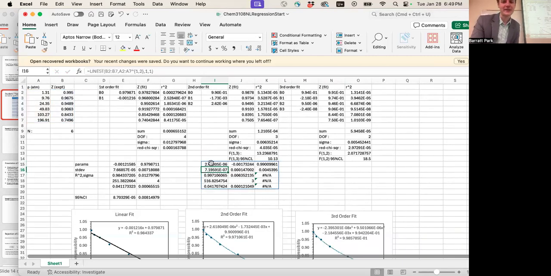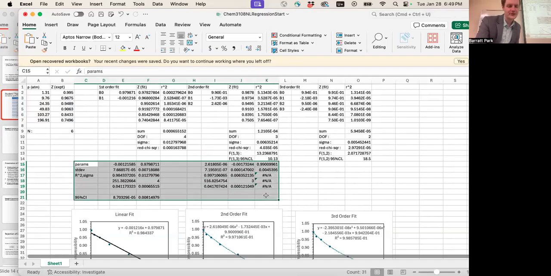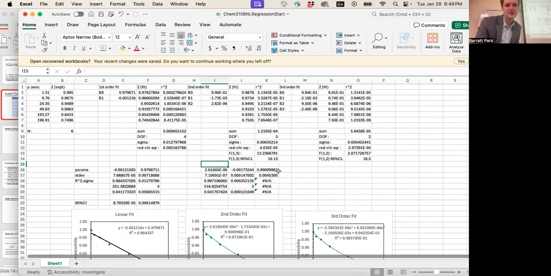And now I get, instead of 2 columns of output, I get 3 columns of output because now there are 3 fit parameters. And I think I need one more space here so I can label these. So if we just compare these numbers to these ones, we can see this one is B0 and this one is B1.